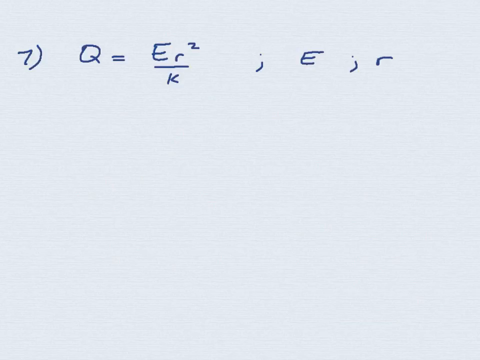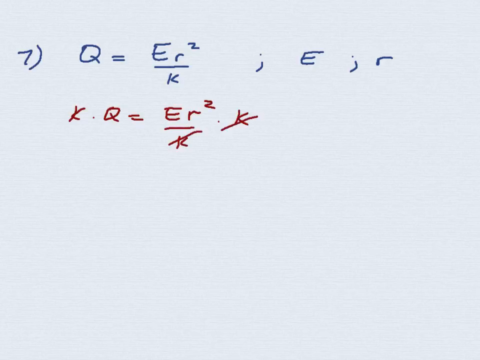Solving number 7 for big E. You want to solve for E. E is trapped in a fraction. Let's multiply both sides by k to clear the fraction. Multiply that side by k, that side by k. You're going to get ER squared.